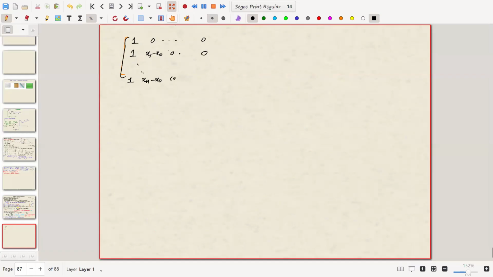Then multiplied by xn minus x1. So on, till the last element will be the product of xn minus xj, with j equals 0 to n minus 1. You have this matrix. Okay.